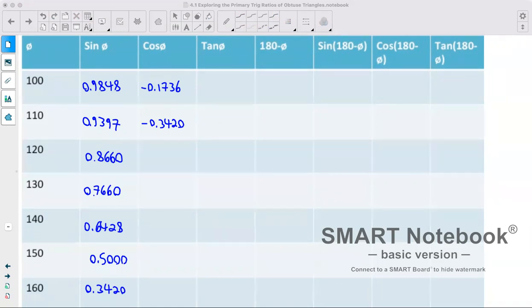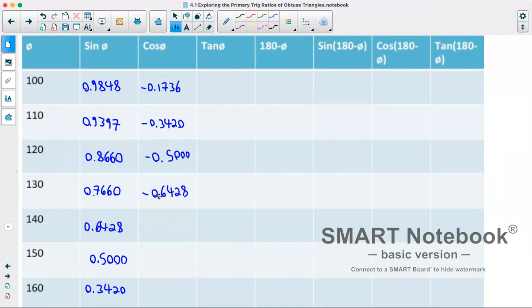Then cos of 120, which is negative 0.5. Then cos of 130, which is negative 0.6428.